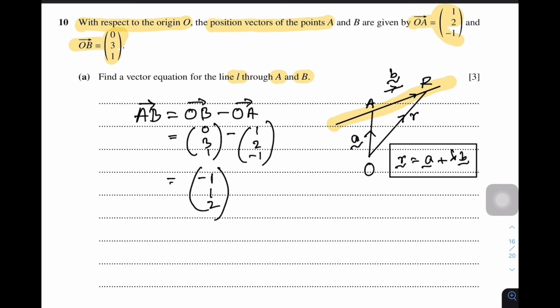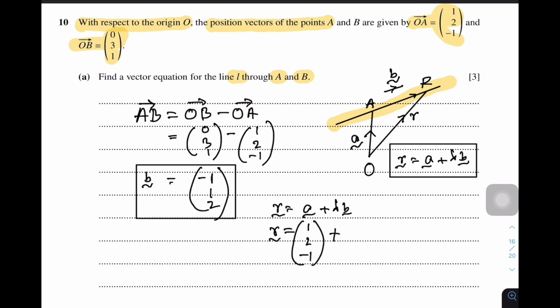So the vector equation of the line will be A plus lambda B. So R equals the position vector of A, that is OA, (1, 2, minus 1), plus lambda times (minus 1, 1, 2).